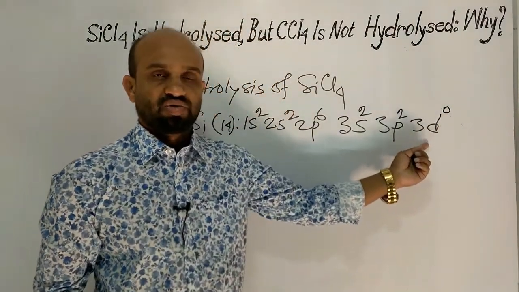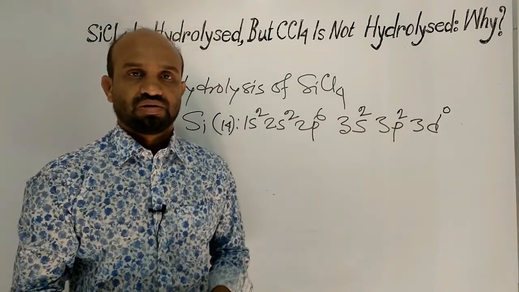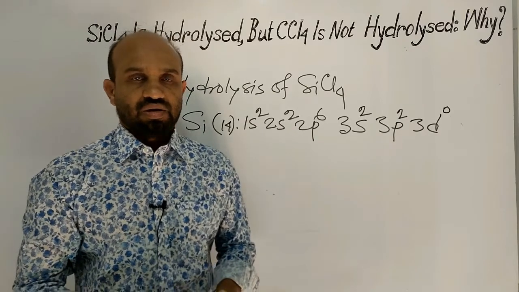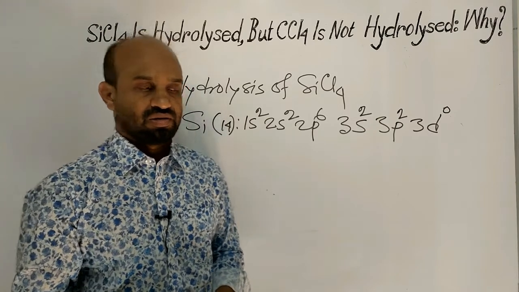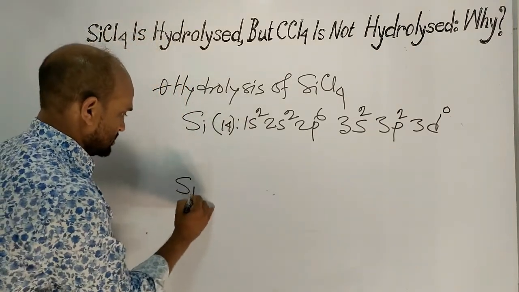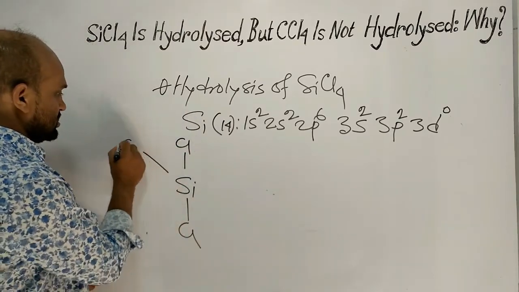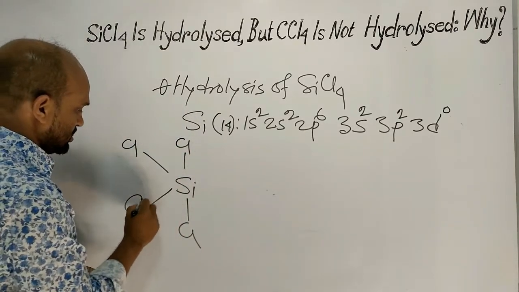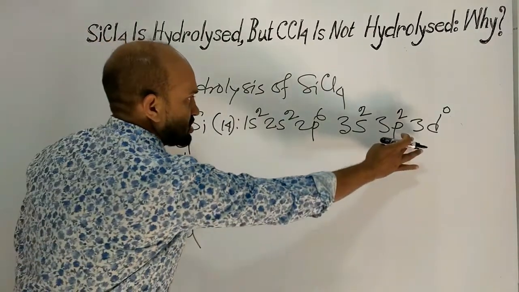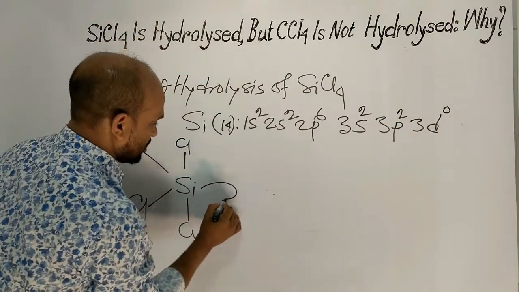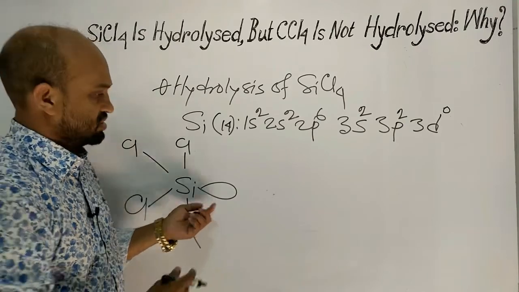This is the point to be discussed. That means d orbitals of silicon remain vacant. Now let's see hydrolysis of silicon tetrachloride. Silicon, chlorine, chlorine, another chlorine, another chlorine. Let's consider this is the d orbital of silicon which is vacant.